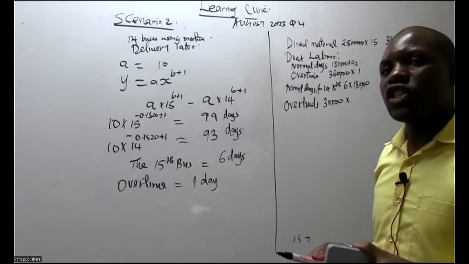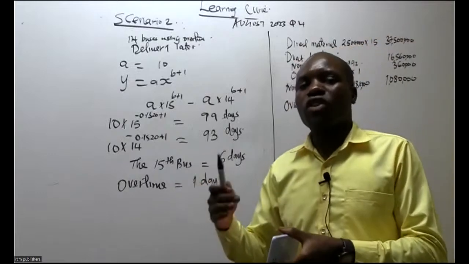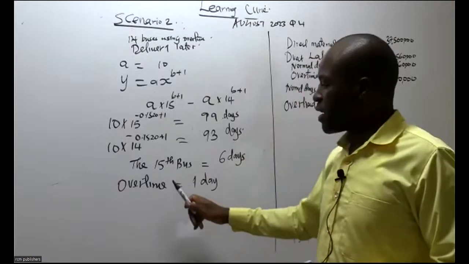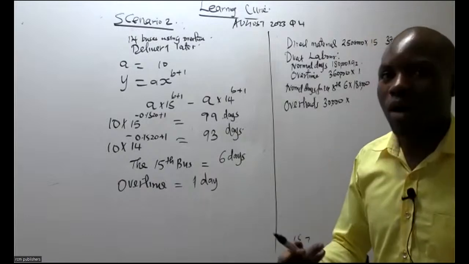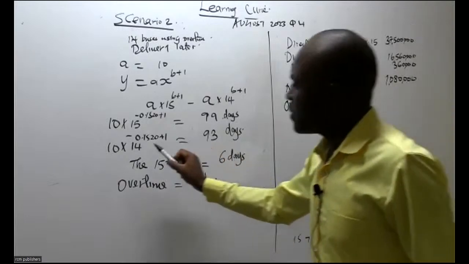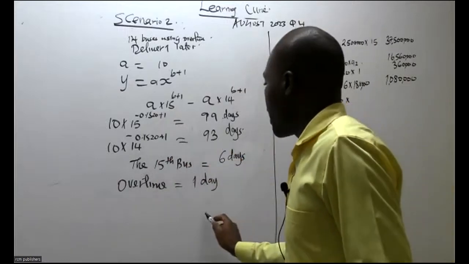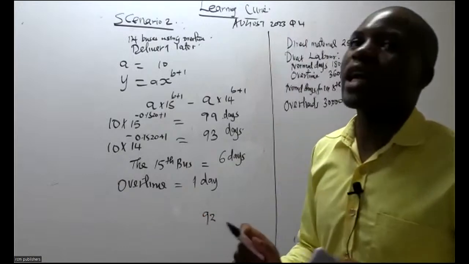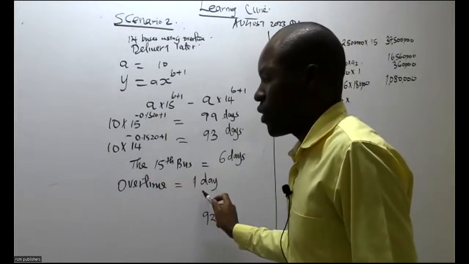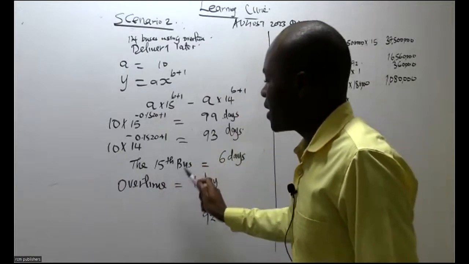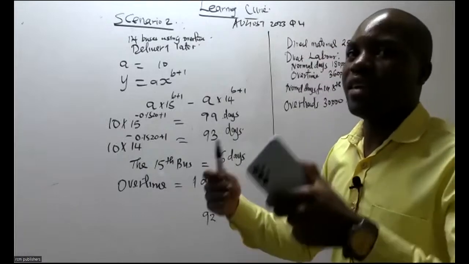But my employees will be working during their normal working hours of the day. So the 15th bus will be produced within the normal working hours. The first 14 they produced within 93 days. Out of 93, 92 are normal working hours. One was the overtime. The last bus, the 15th bus, they took 6 days. And these 6 days were their normal working days.